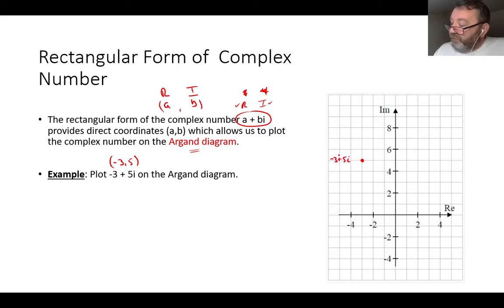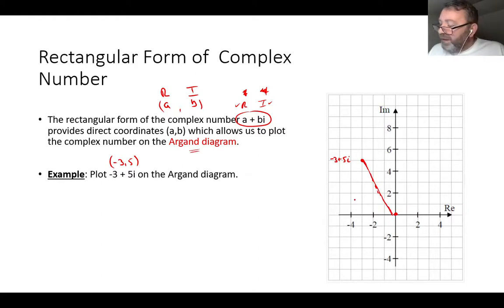But something very interesting happens when I plot that point. If you remember before Christmas, one thing we did say was that every complex number has a unique relationship with the origin. That unique relationship between a complex number and the origin is called the modulus, the distance away from the origin. So if I fill that modulus in there, this is what I get. Now what is that?